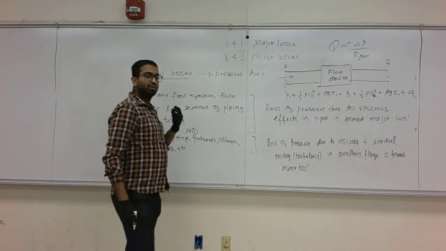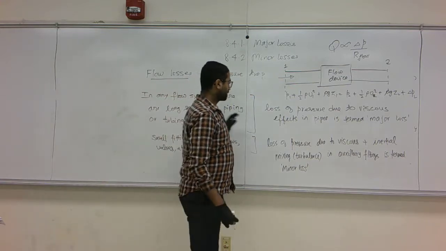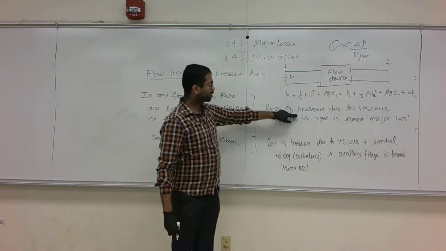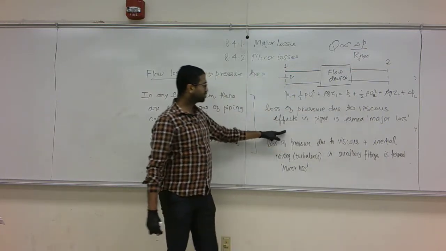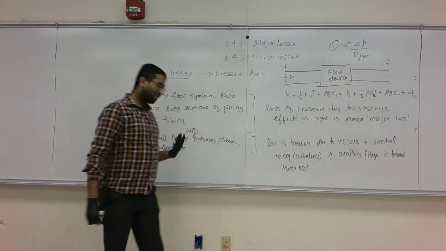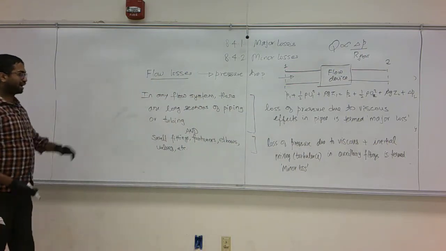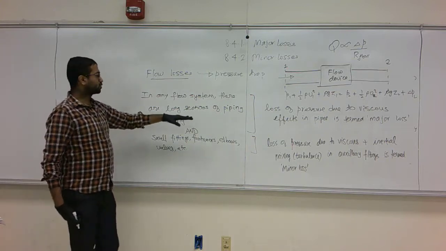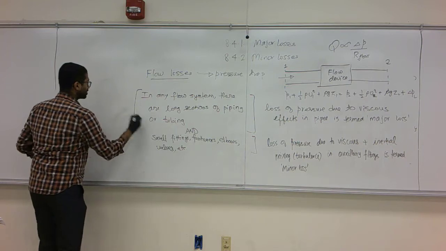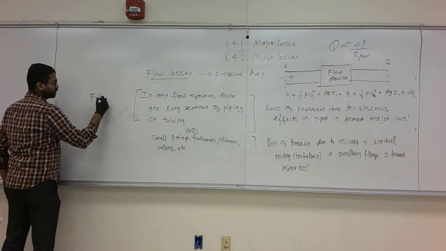Now, the flow, as it goes through long sections of pipes, undergoes pressure drop due to viscous shear stresses or viscous effects, and this is termed as major loss. Major loss you can simply remember as the flow losses associated with long sections of piping in which the flow can be nominally thought of as fully developed.